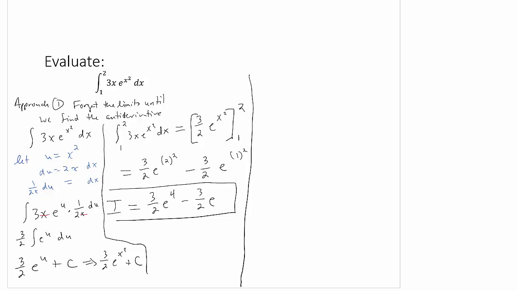So that's one approach. The second approach, approach 2, is to change the limits of integration when you substitute.